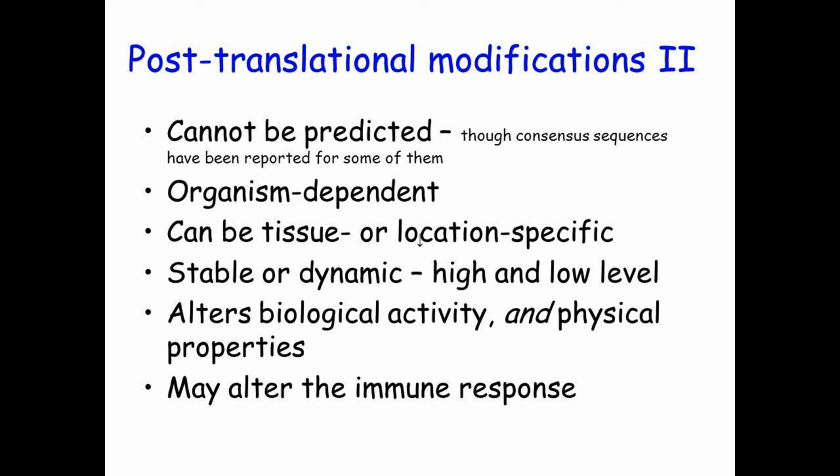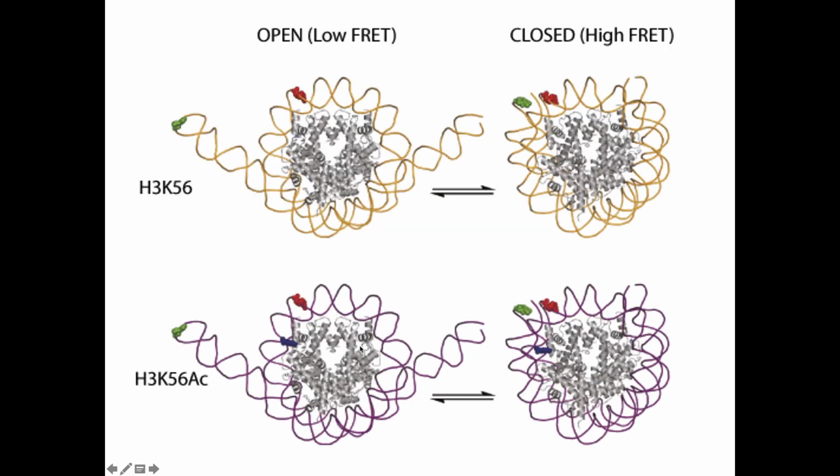What we do know, though, is that these post-translational modifications to proteins will have an effect on biological activity and can be pretty important. And so here's just an example of where you have a lysine at the 56th position of the H3 histone, right?